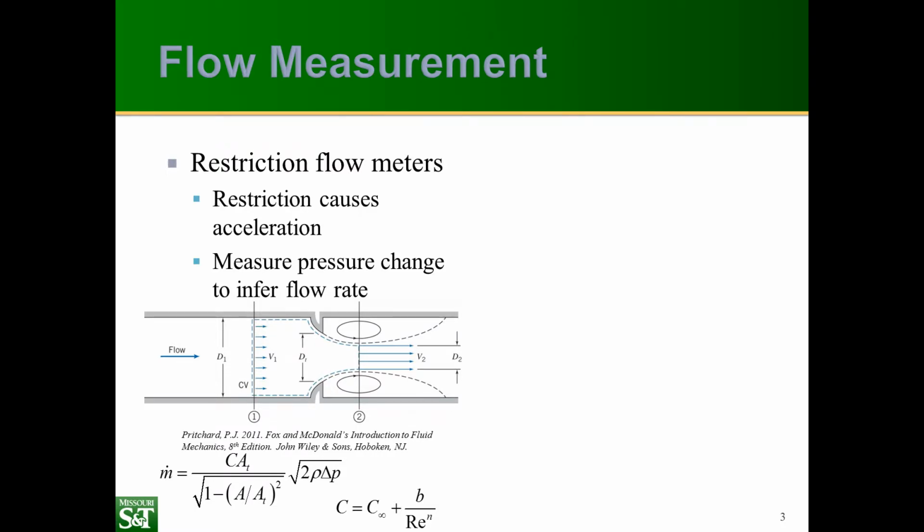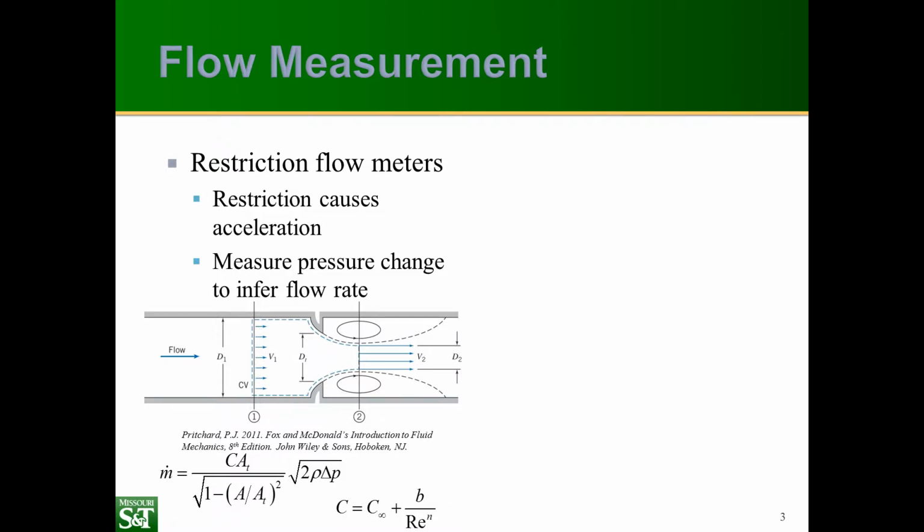Now, there are various types, but all of them use essentially the same equation, which is the one given here. The constant in this equation is determined from experimental calibration, and they're typically provided with a product when it's delivered from the factory.